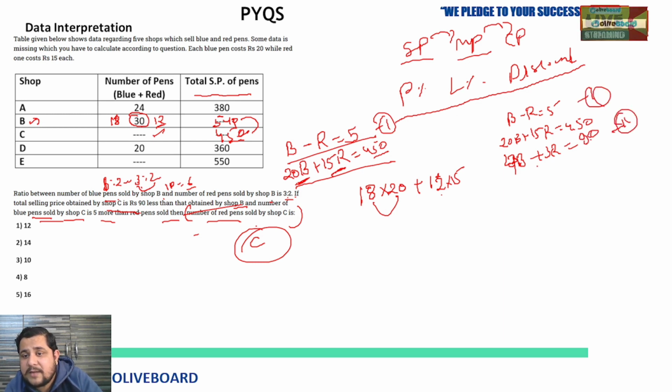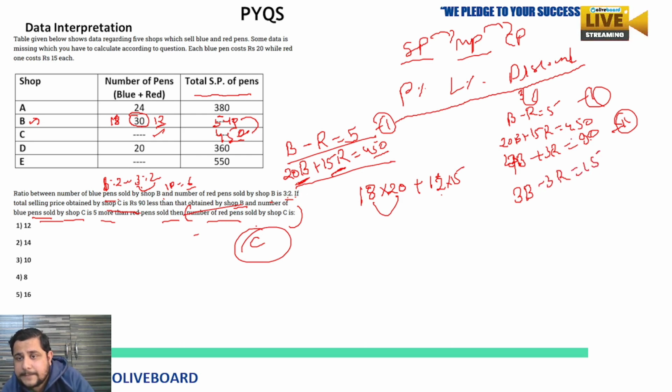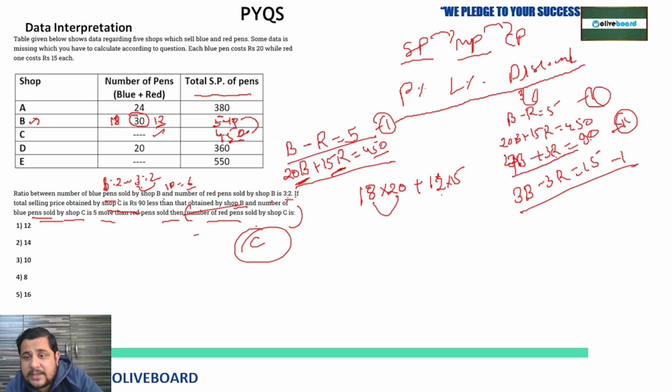When we compare, we make the data the same. So multiply the first equation by 3 and the second equation by 1. So 3B minus 3R equals 15. This equation we will get. Now if we multiply the second by 1, we get the same equation. Now just add these two equations.